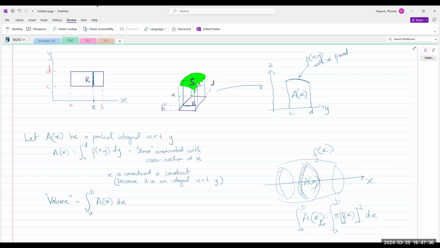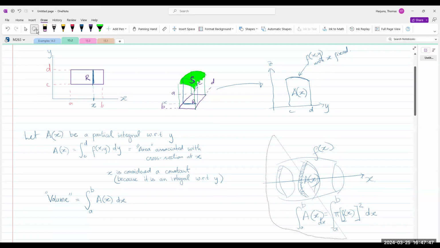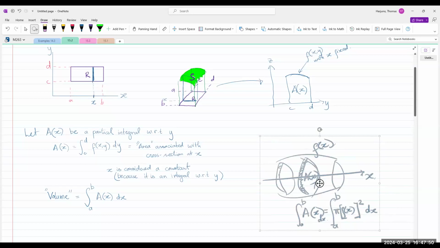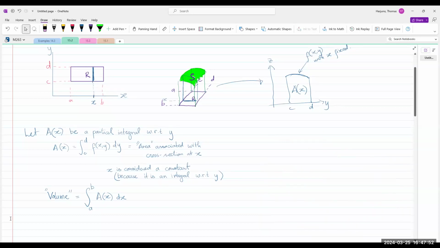Now, what happens if the solid is not a disk? It's a more general case. Basically, we still use that notion. We find the area of the cross section, which we call A(x), the area of the cross section at x, and then we add the areas of those cross sections to get the volume.